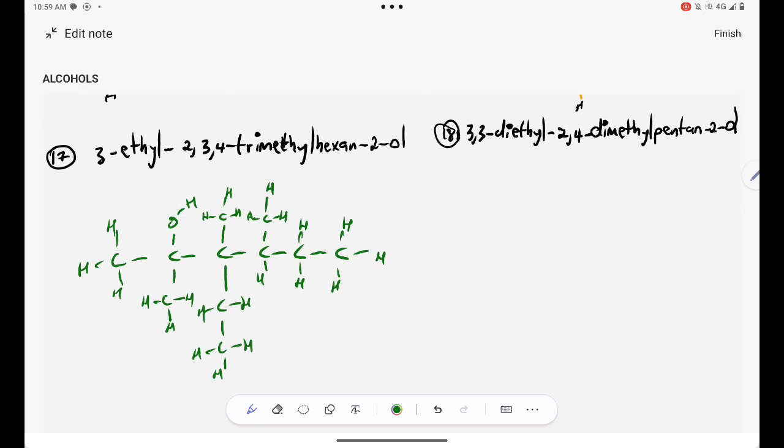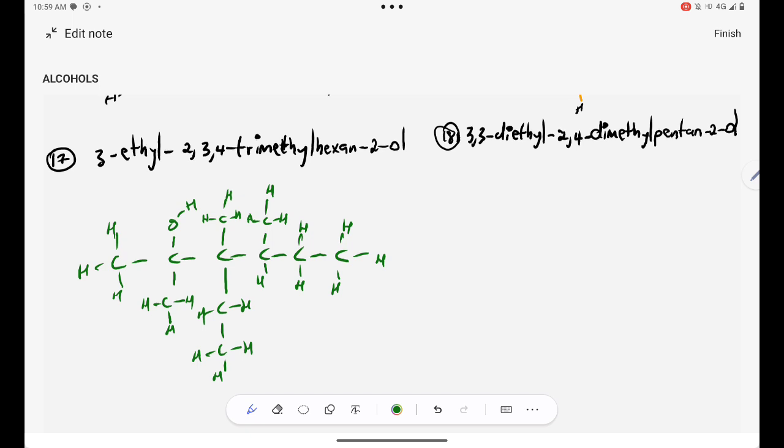Okay, and then for the last one, I have 3,3-diethyl-2,4-dimethyl pentan-2-ol. Pentane simply means my parent chain has 5 carbons. At carbon number 3, I have my ethyl, like this, because it's diethyl, right?